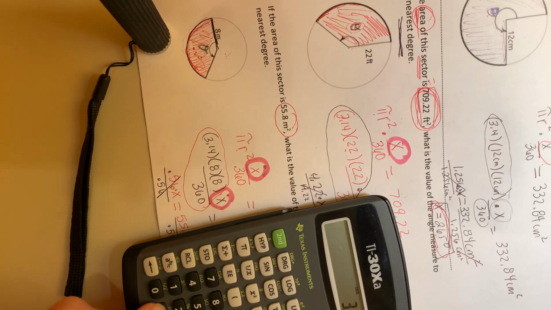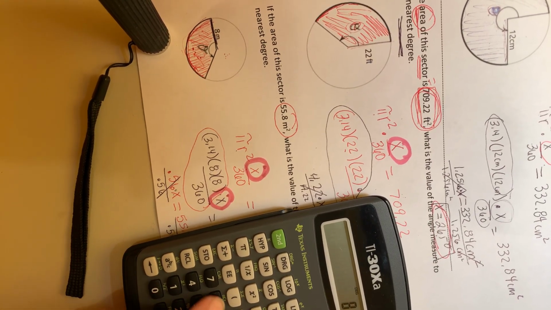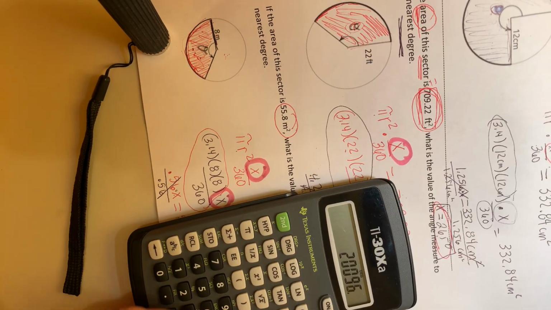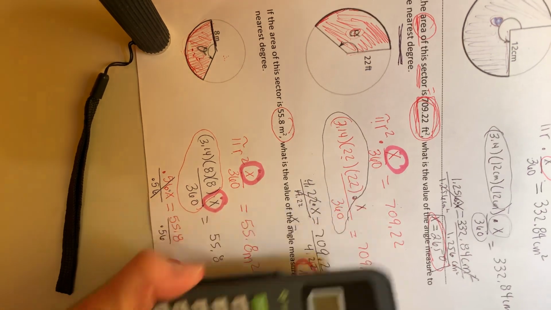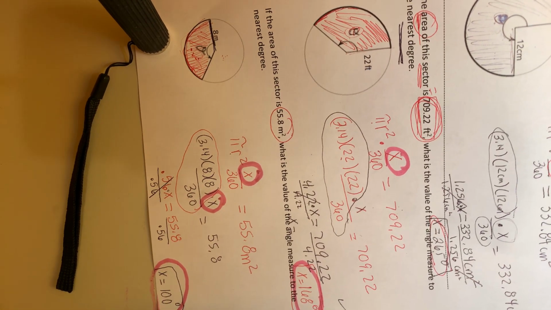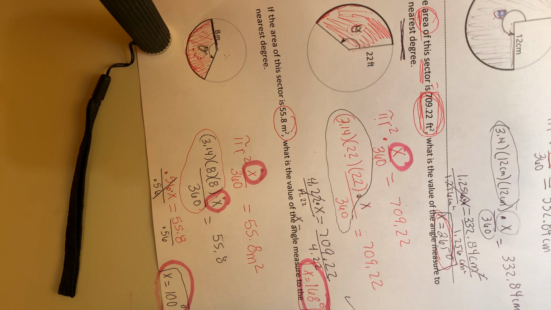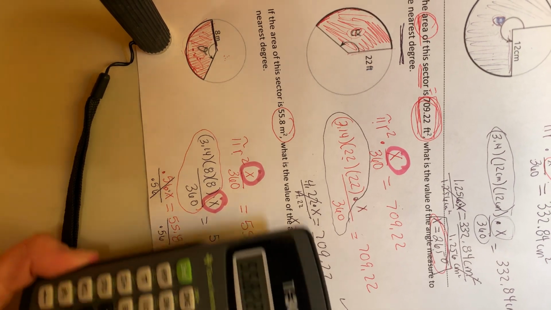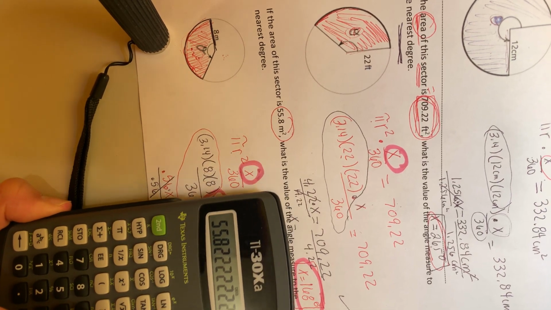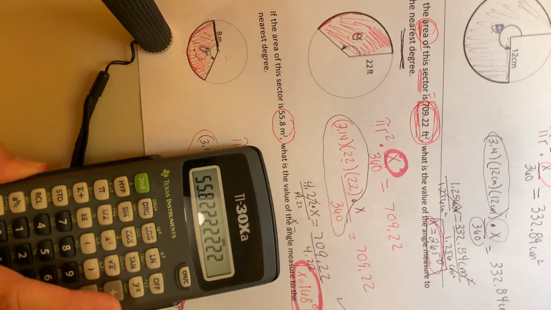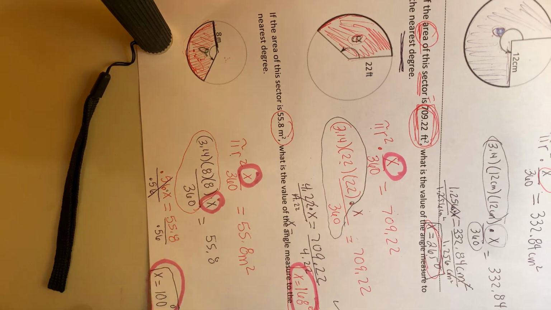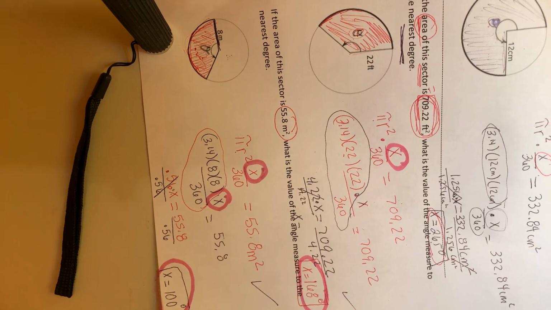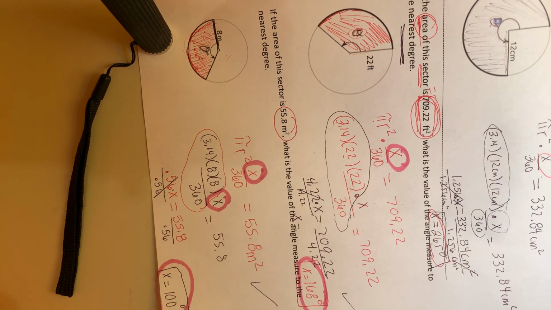So let's try it. 3.14 times 8 times 8 times 100 divided by 360. And yep, I got 55.82. See my calculator, 55.82. So we did this one correctly. So that's a good idea to check your answers on the quiz that you're taking.